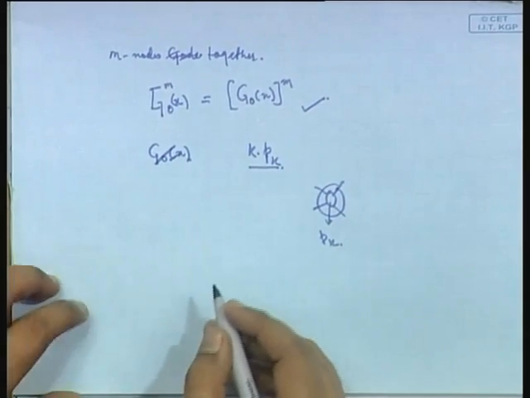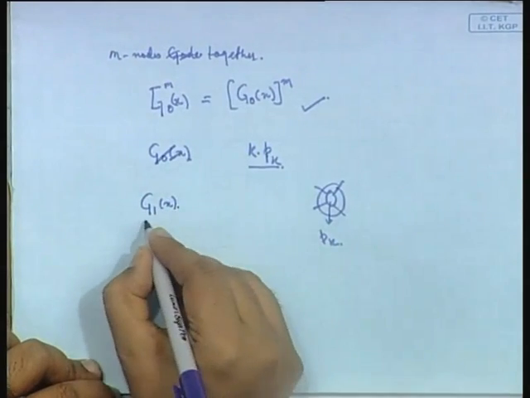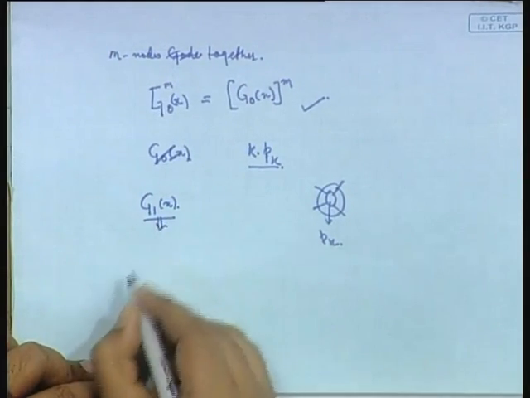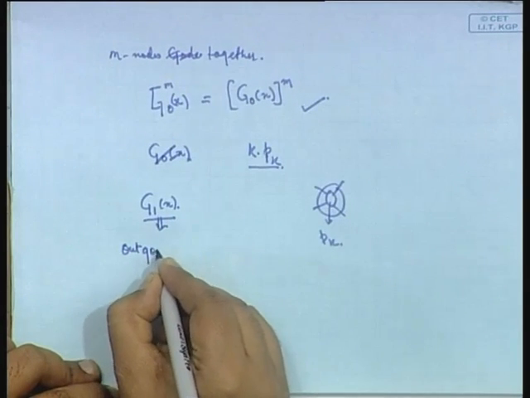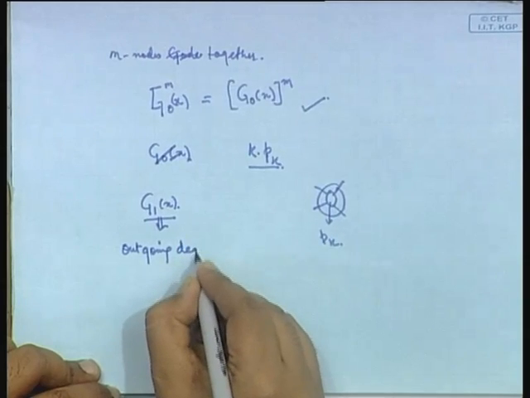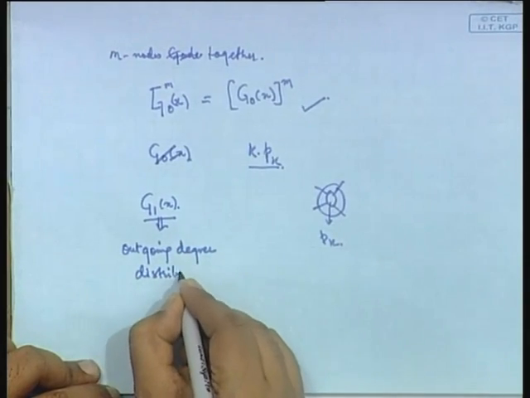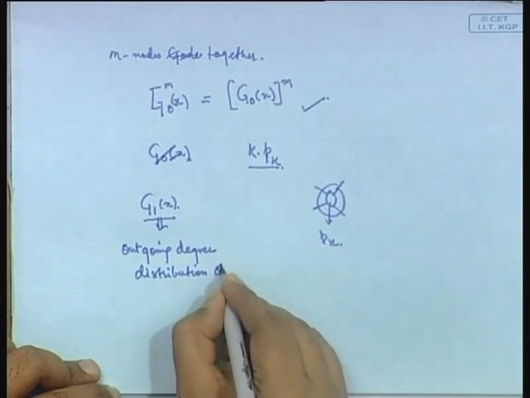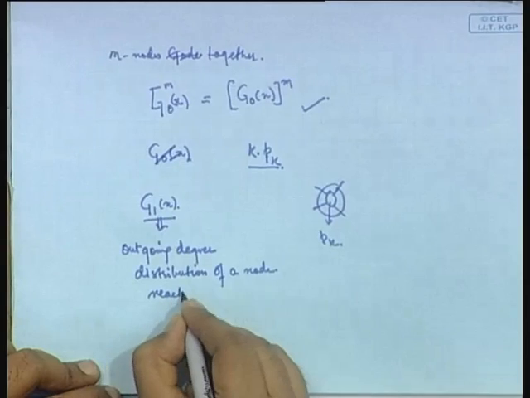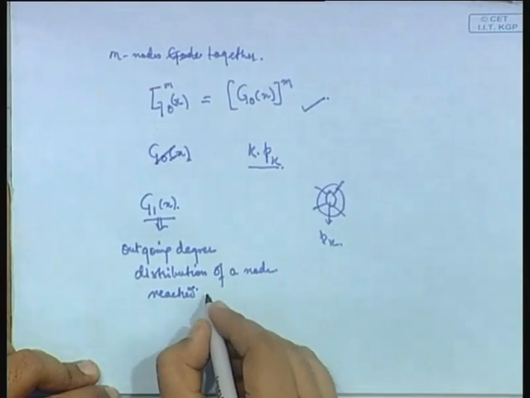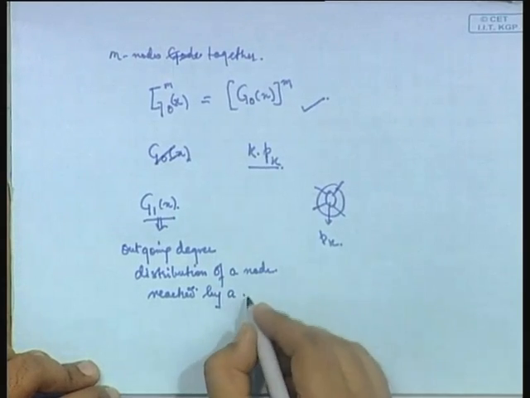So, if I want to have G1x, G1x is the outgoing degree distribution of a node reached by a random edge.